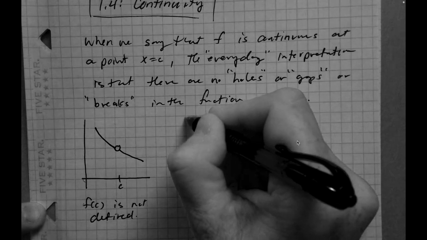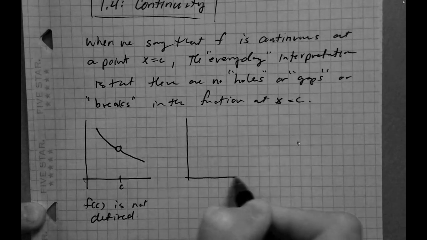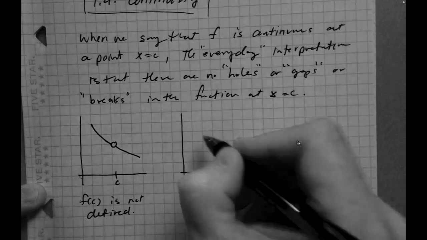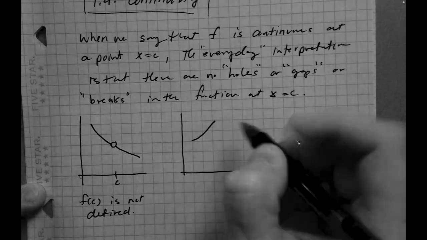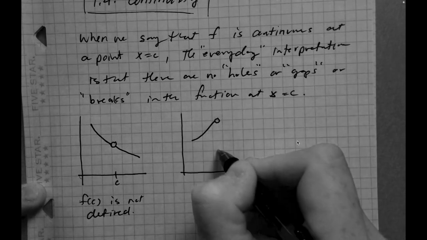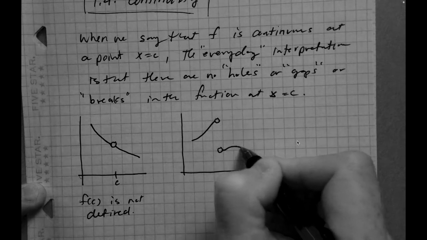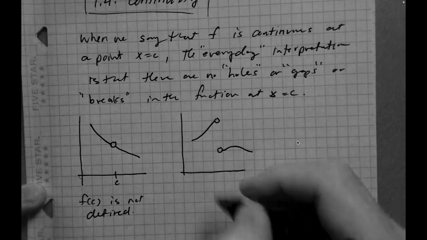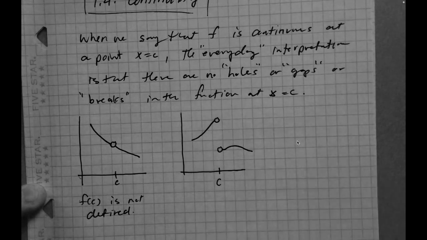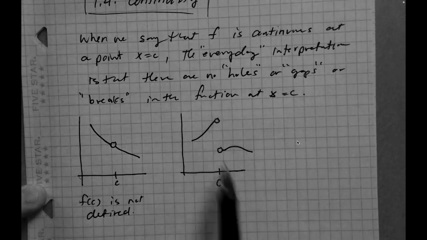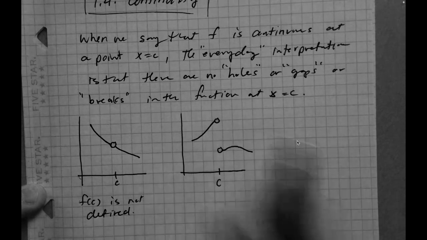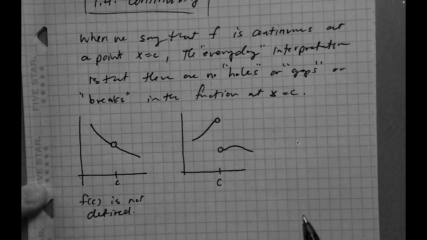Another scenario that might occur would be something like this. Maybe the function comes up and you've got a gap, and then the function continues on. And so here would be c. In this case, yes, you've got a hole, but you've also got a scenario where the limit doesn't even exist.